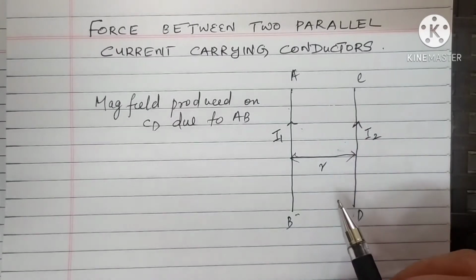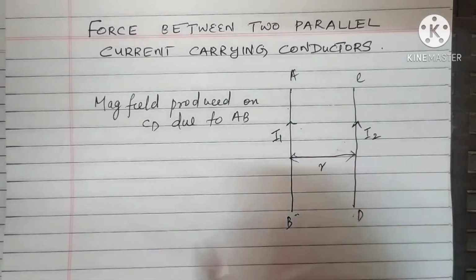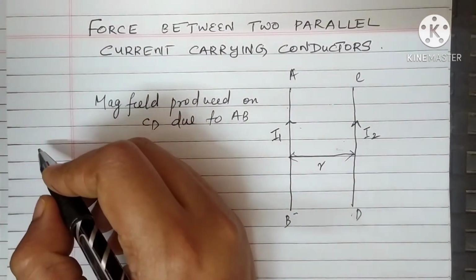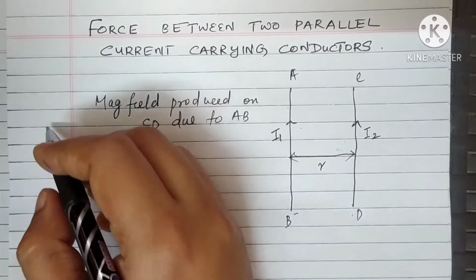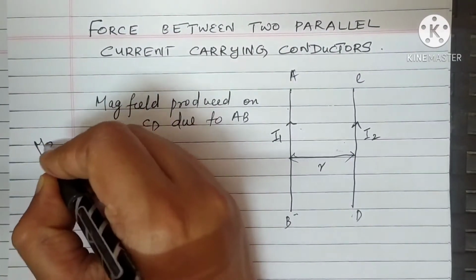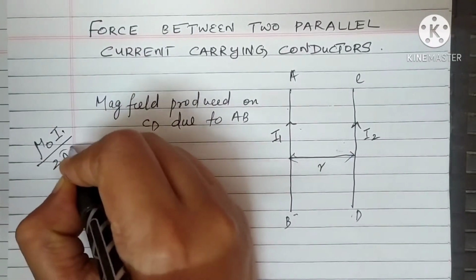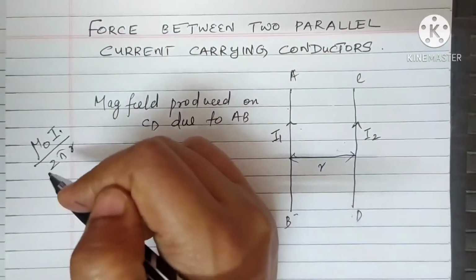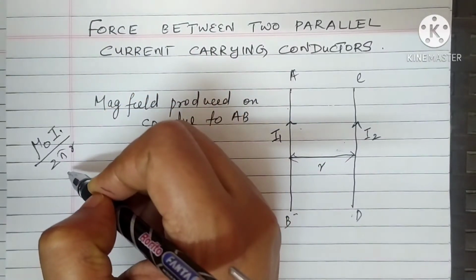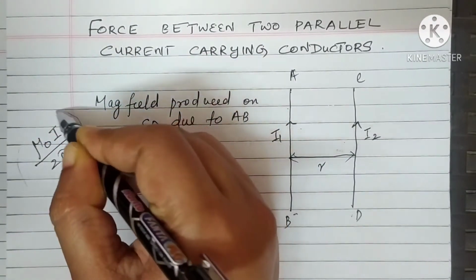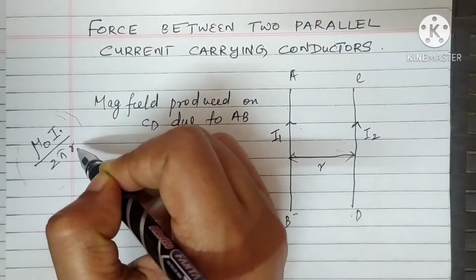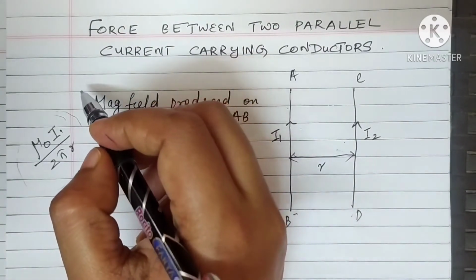So for a straight conductor, there is an expression for magnetic field that we haven't studied since it is deleted from the syllabus. So just keep it in mind, the relation, that is mu 0 I by 2 pi r. Okay, mu 0 I by 2 pi r. This is the expression for magnetic field for a straight conductor.